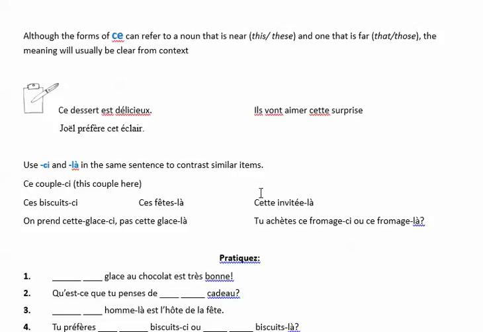Okay. Although the form of ce can refer to a noun that is near and one that is far, the meaning will usually be clear from context. For example, this dessert is delicious. Ce dessert est délicieux.